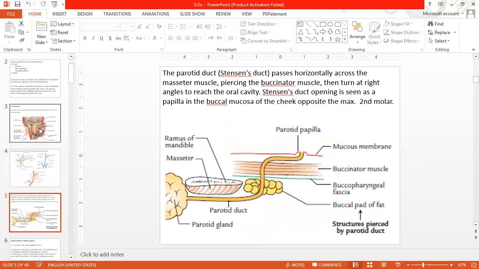The parotid gland has a duct called Stenson duct that emerges from the anterior part of the gland and goes forward over the masseter muscle, then goes medially, piercing the buccal fat pad, buccopharyngeal fascia, buccinator muscle, and finally the mucous membrane of the buccal mucosa, to open on the summit of the papilla opposite to the upper second molar.